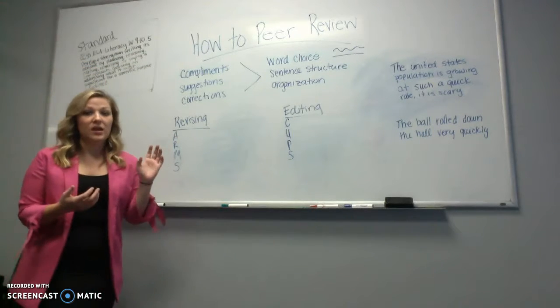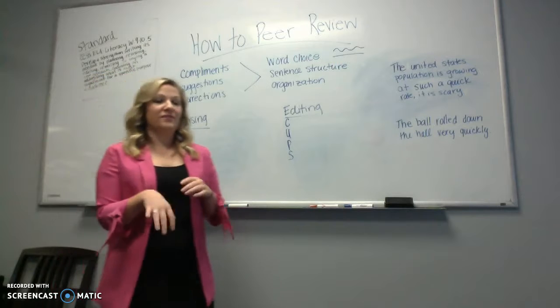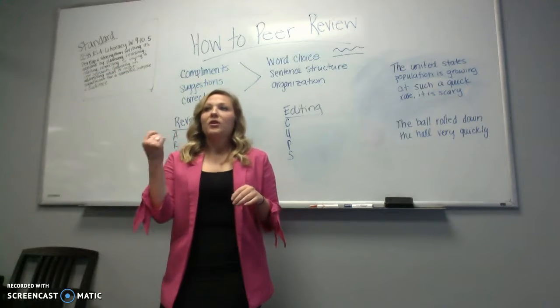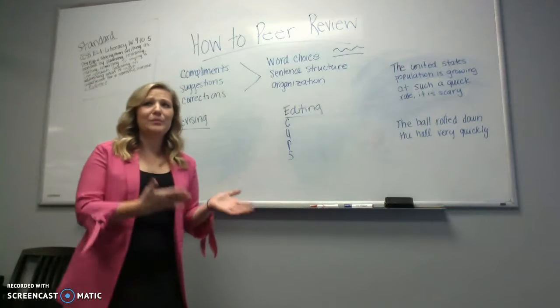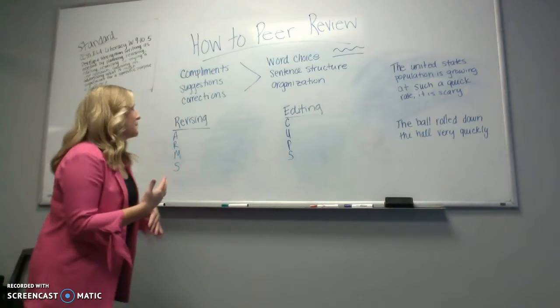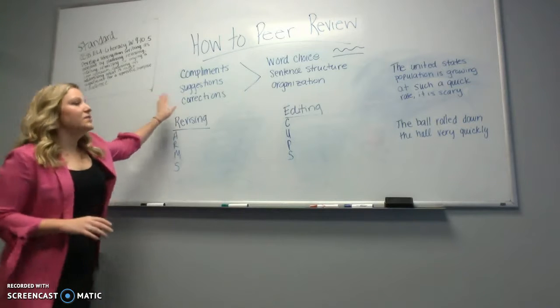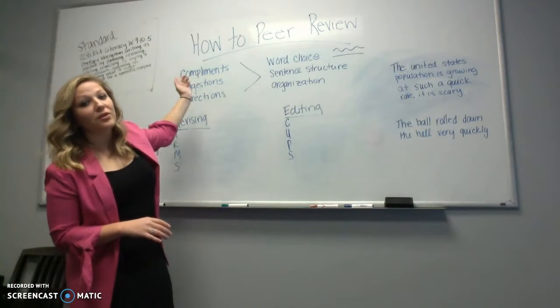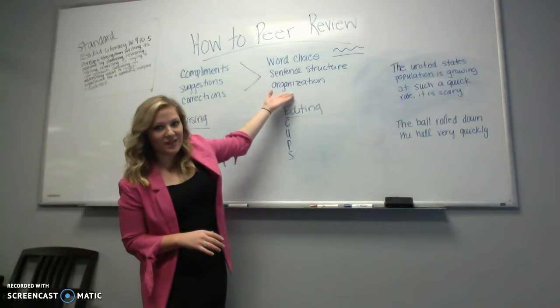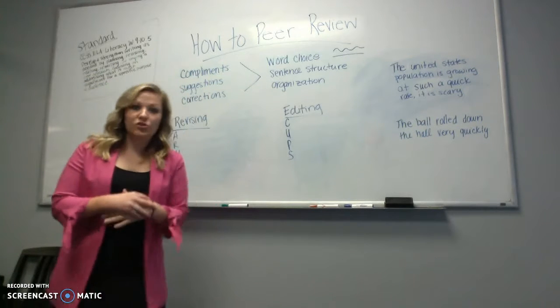Then corrections. So this is going to be your specifics. So you're going to mark something incorrect, mark something correct, things like that. Capitalization, punctuation, everything like that. Okay, and then after these 3, while thinking about these, they're going to inadvertently allow us to think about the next 3. So word choice.